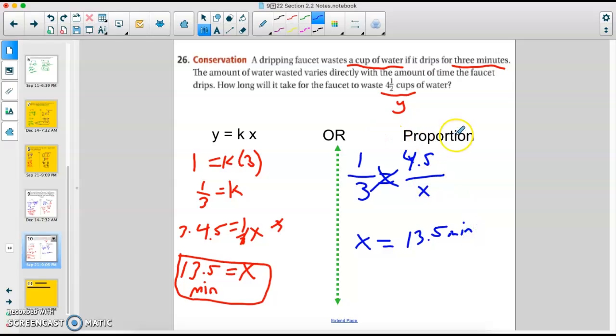So as you can see, you can use proportions, or you can use plugging it in and solving for k, and then plugging your unknown variable back in or whatever. You could also use proportions, whichever one you're most comfortable with. I tend to prefer the one on the left. Sometimes the one on the left takes longer than the one on the right. It's up to you.